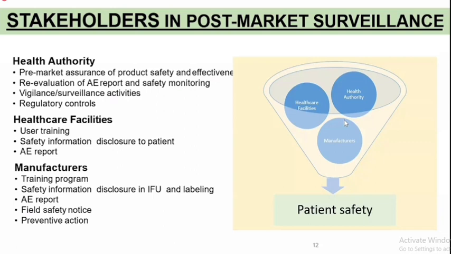Here, specifically, the biomedical engineers can help in getting this data by reporting the adverse event to their reporting centers and to the IPC. Then the third category is manufacturers, whose responsibilities and duties include training programs, providing safety information and disclosures in IFU and labeling, adverse event reporting, field safety notices, and taking preventive actions.